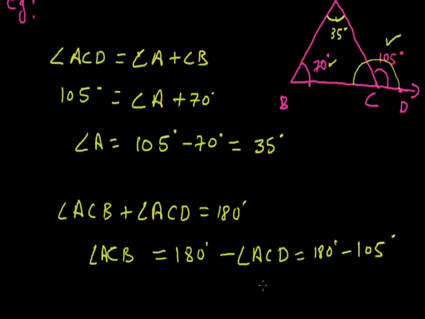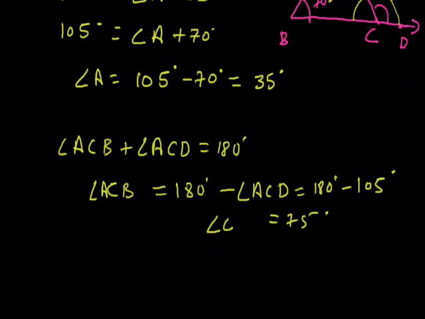This will be equal to 75 degrees. So we can say that angle C is equal to 75 degrees. So we have calculated both angles: angle A is equal to 35 degrees and angle C is equal to 75 degrees.